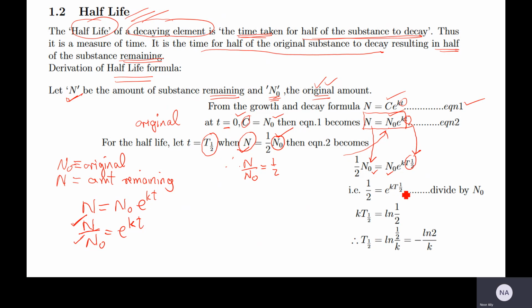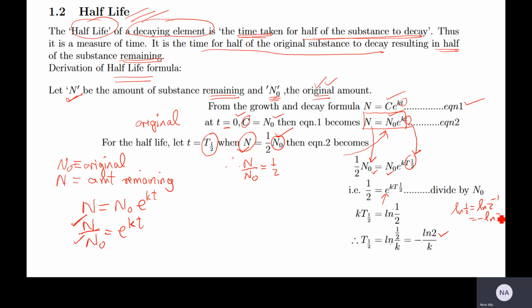And now, if I want to find t half, there's an e, what must I introduce? Ln. So ln of a half is equal to k t half. T half is equal to ln of a half divided by k. You know where that comes from. Negative ln 2. Ln of a half is equal to ln of 2 to the minus 1, which is minus ln of 2.